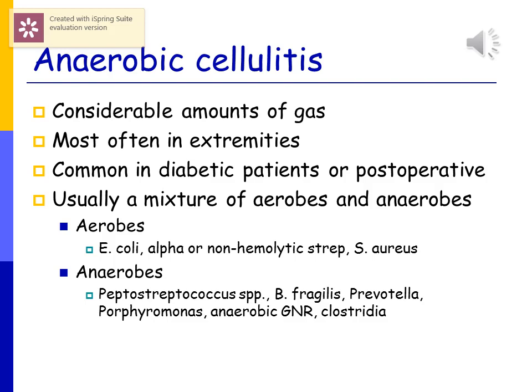So your aerobes commonly found might be E. coli, your alpha or non-hemolytic streptococcus species, and Staphylococcus aureus. Your anaerobes would be Peptostreptococcus, Bacteroides fragilis, Prevotella, Porphyromonas, your other anaerobic gram-negative rods, and your Clostridium.